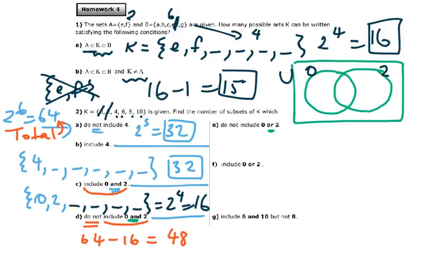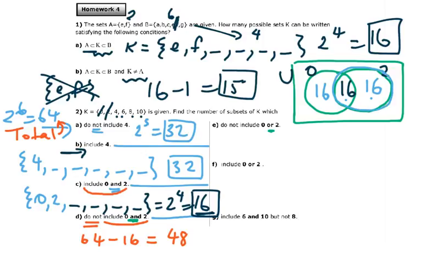This answer here, 16, was the intersection where they both occur. Looking at part B and using the same logic, the number that include 0 would have to be 32, and the number that include 2 would also be 32, so 16 plus 16 in this group here would have to add up to 32.